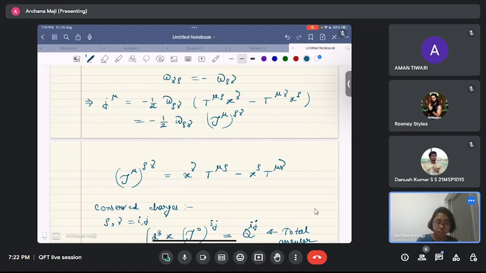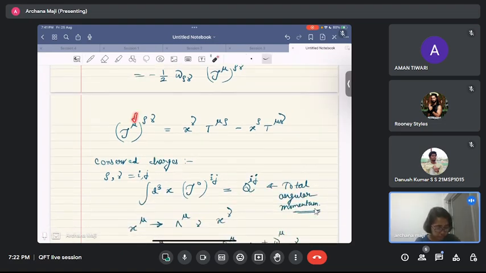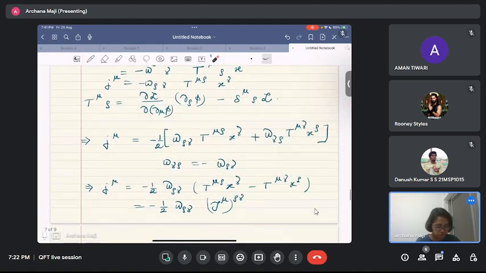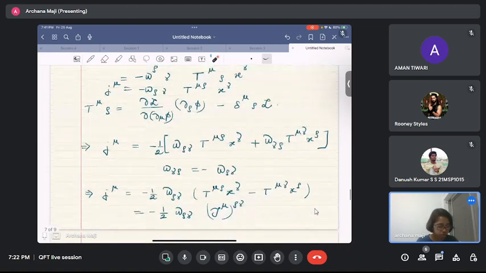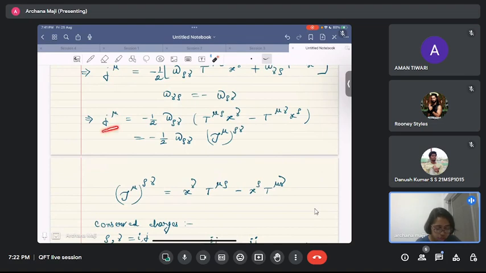Here mu denotes the space-time. This mu is actually telling you the current along which direction. So we know that if we integrate the zeroth component of the current over all space, we get the conserved charges.